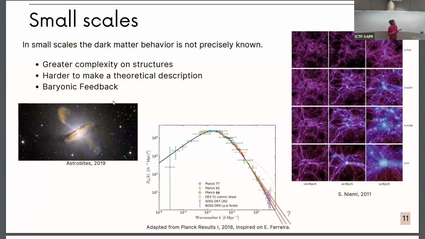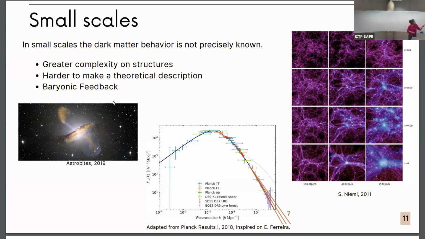But small scales are a delicate subject for cosmologists because when you go to smaller and smaller scales, structures in the universe become more complex and go out of the linear or almost linear regime. So it's very difficult to model and to describe theoretically.